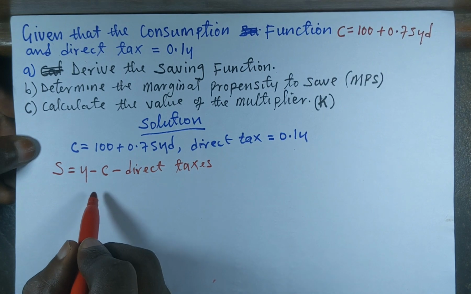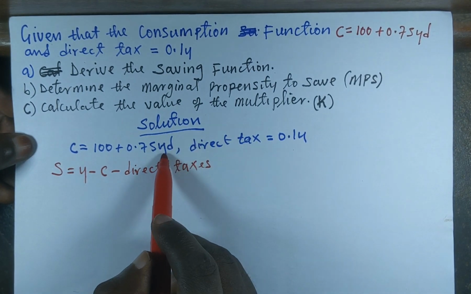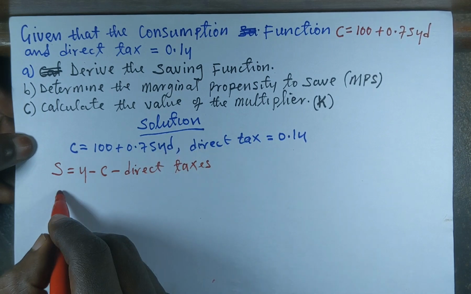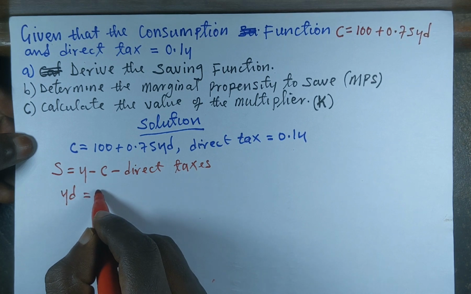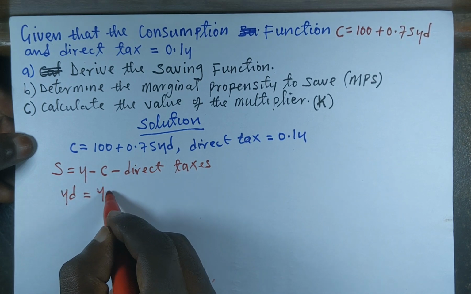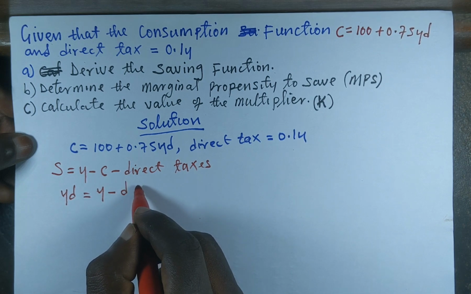What we need to do first before we continue, let's look for disposable income, YD. Our disposable income YD will be equal to income minus tax, income minus direct taxes.